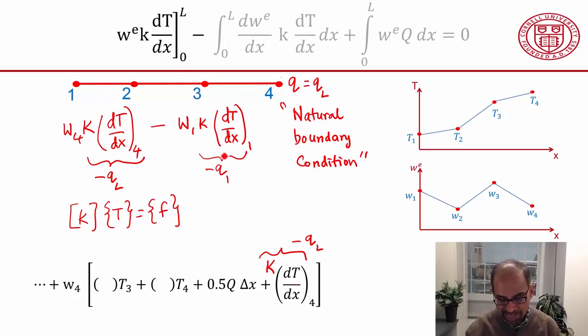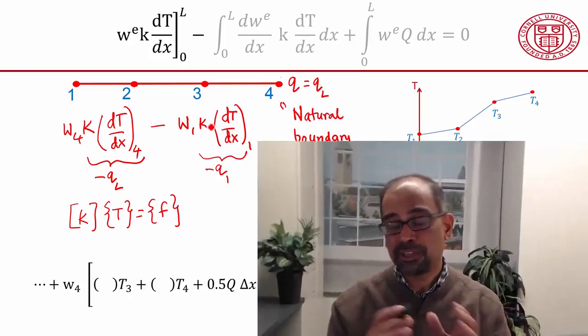What's done is you use that term to evaluate the flux at the left boundary, and then you can use that to check energy balance. And in ANSYS, when we compute a reaction, that comes from a term like that, and we will look at that a little bit later, because it's a very important way of checking your results, whether it's conservation of energy in this case, or when we go into structural mechanics, equilibrium.